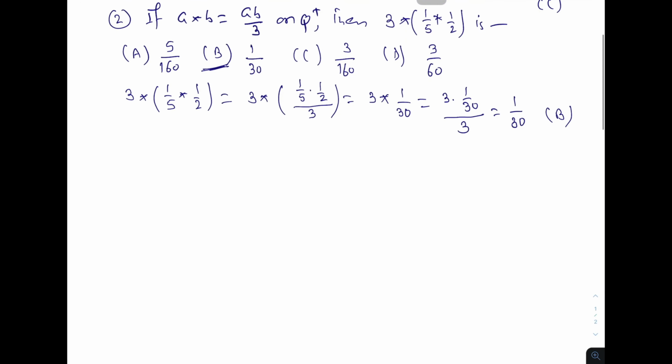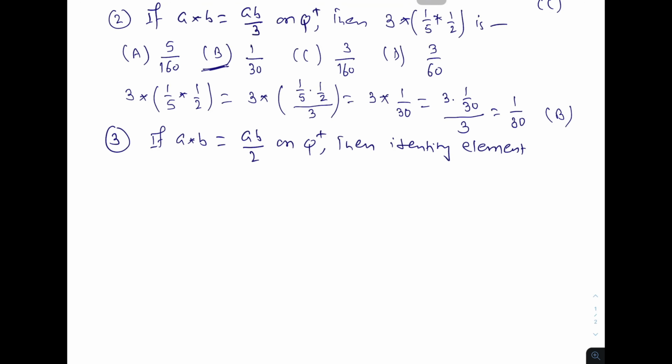Okay, next. If a star b equals ab by 2 on Q plus, then the identity element for star is blank. The options here are 2, 3, 0, 1.